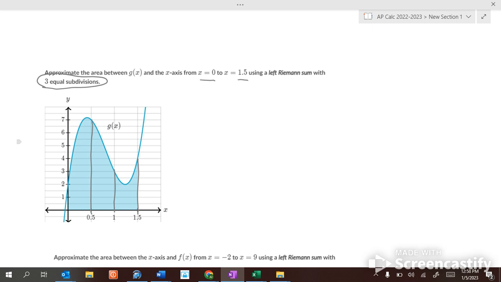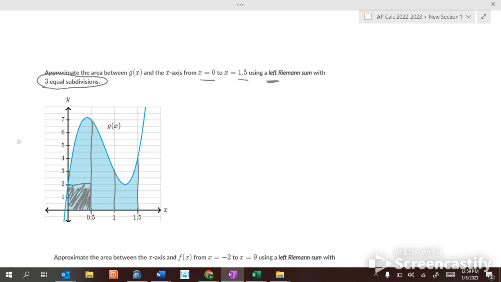Okay? Now, it says we're using a left Riemann sum. And when we use a Riemann sum, we're going to use rectangles. A left Riemann sum means we're going to start the rectangle where the function intersects the left side of the rectangle. So over here, it intersects at 2. So this rectangle is only going to be 2 high because that's a left Riemann sum.